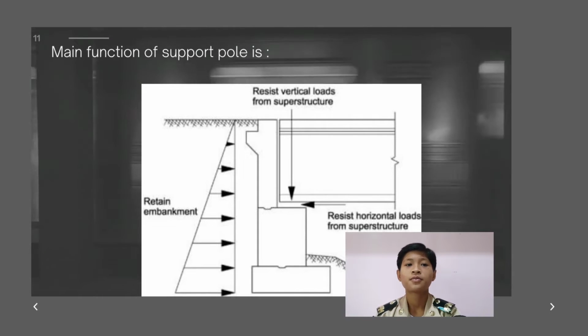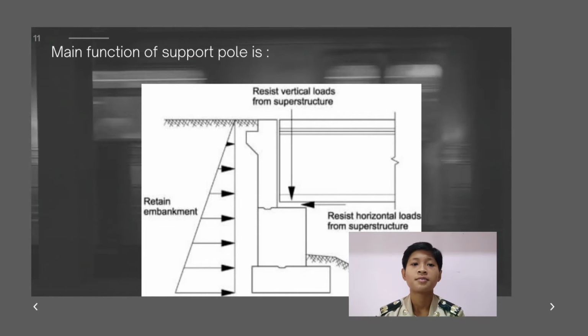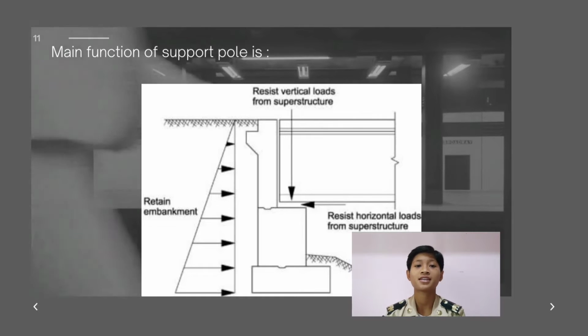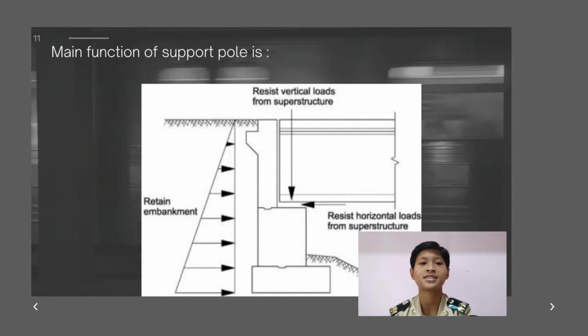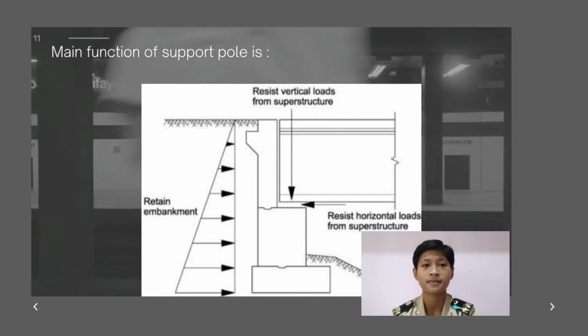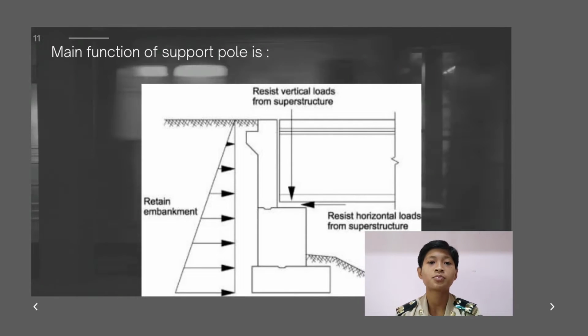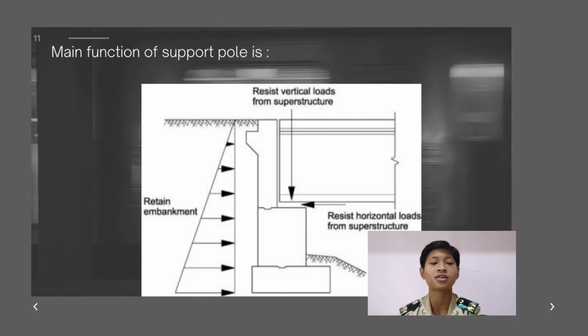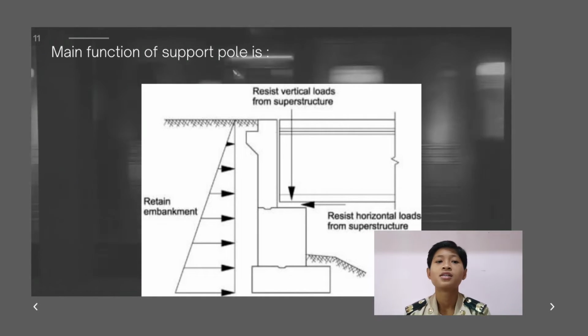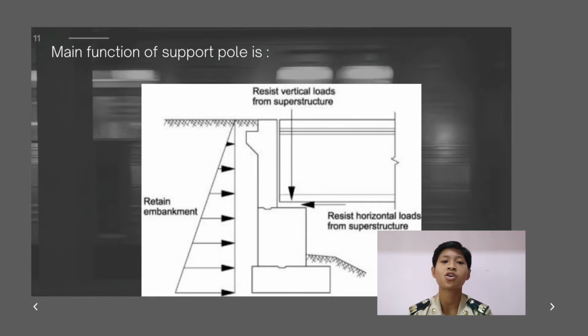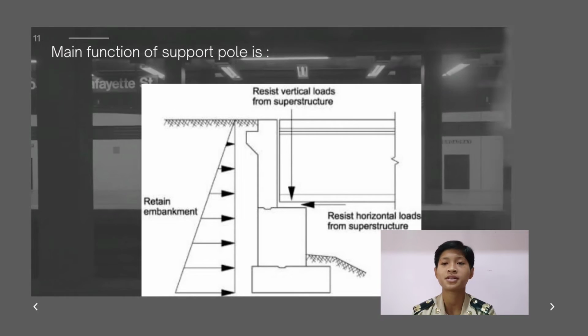As can be seen from the picture, abutments have similar design requirements to retaining walls, as well as in pier construction. The main supports are designed to resist overturning and sliding, with more focus on overall system stability.